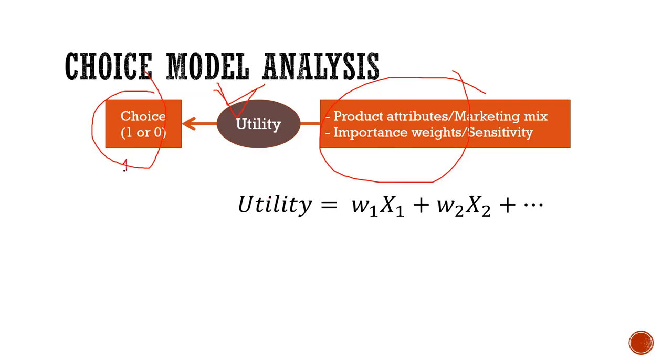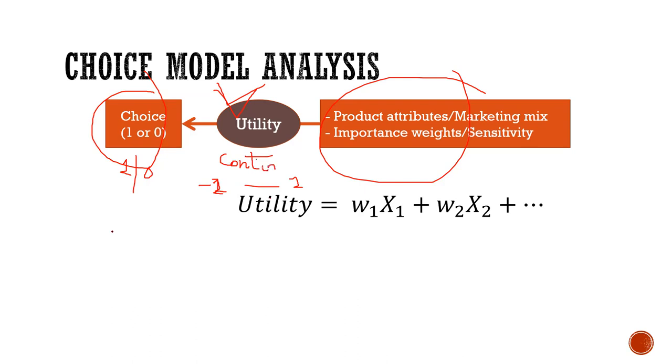Now, this choice is 1 or 0, but utility can be a continuous variable. That is, any number between, say, 0 and 1, or even higher, or a negative number. It can be, let's say, any number between -1 and 1. This is just to illustrate the concept. In other words, it is a continuous variable.